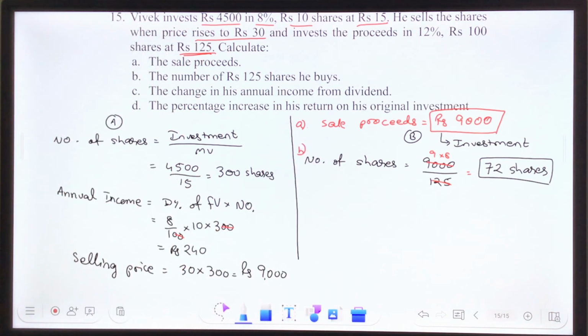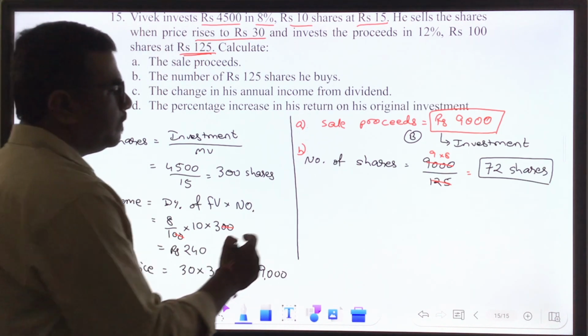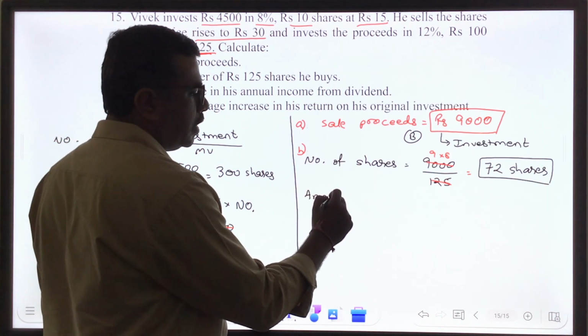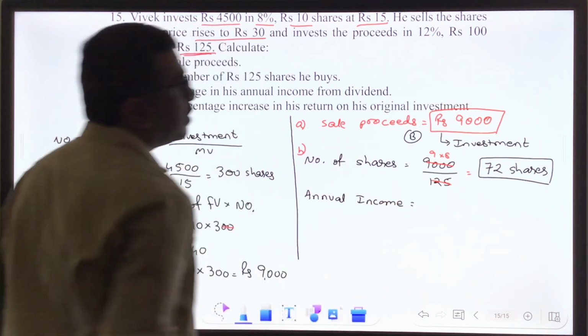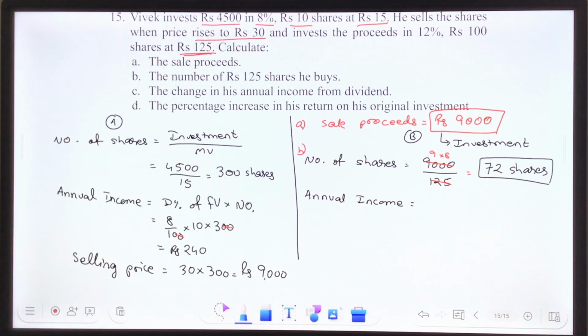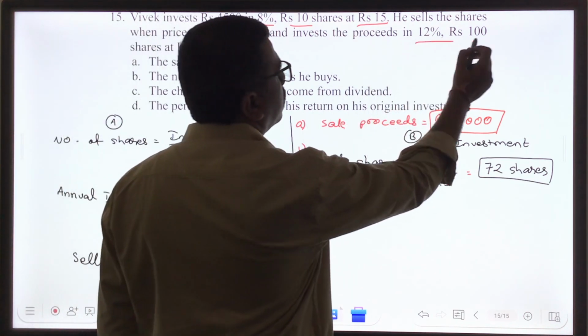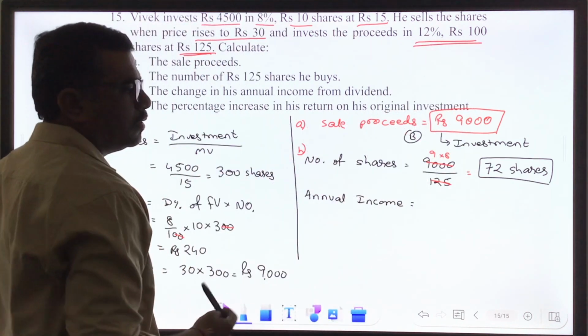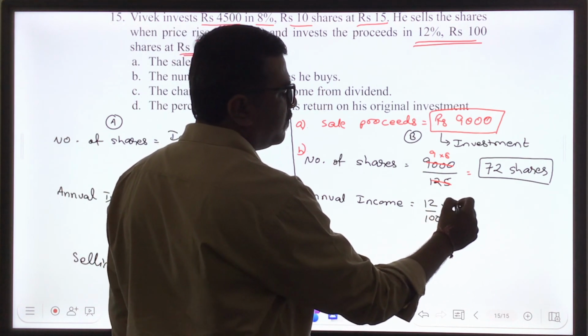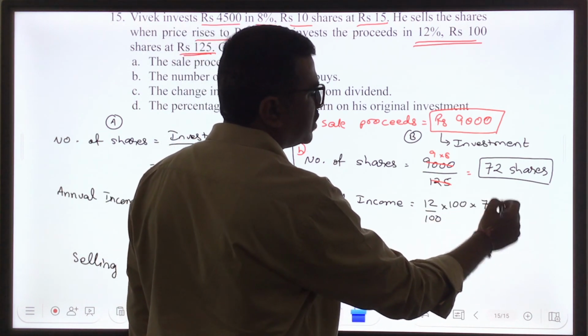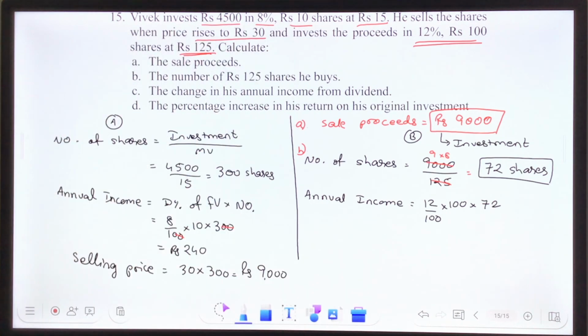Now the annual income in company B. The second company is paying 12% on rupees 100. So 12% of rupees 100 face value into number of shares 72.